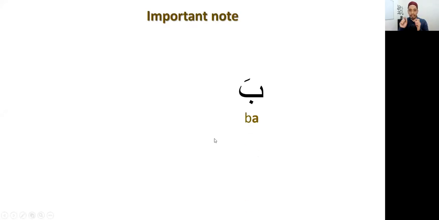If you have a letter with a short vowel, for example, a fatha, it's going to be read as ba, short. That's correct, fine. However, if you read this word, which has a fatha, as ba, you see how subtle it is.